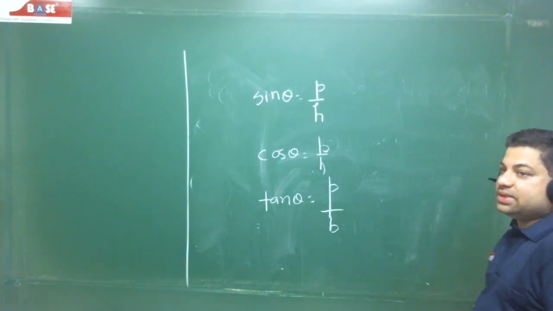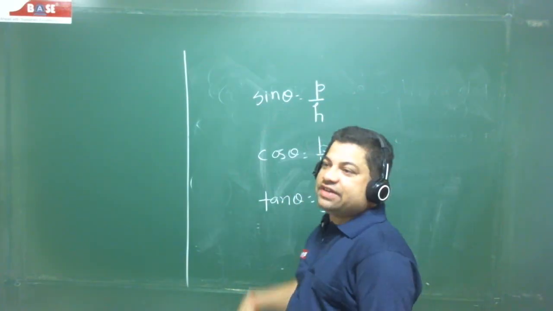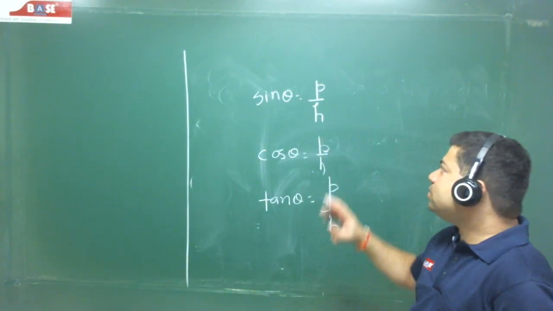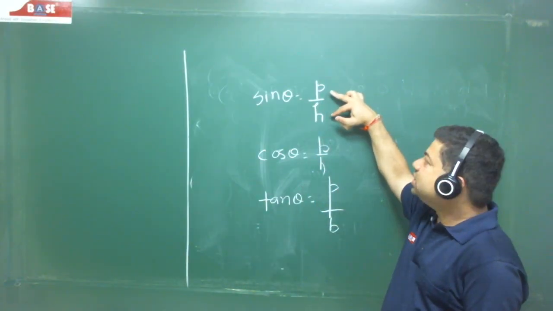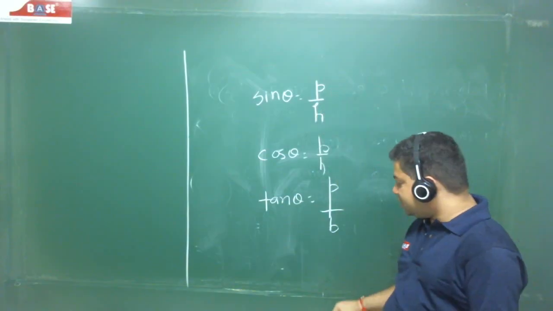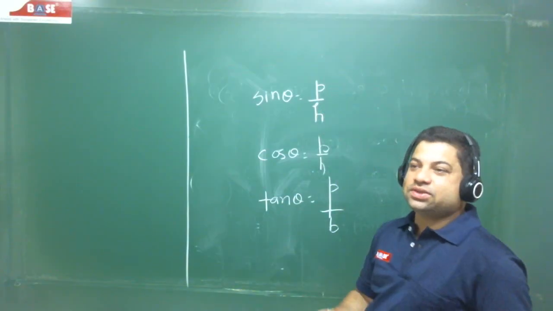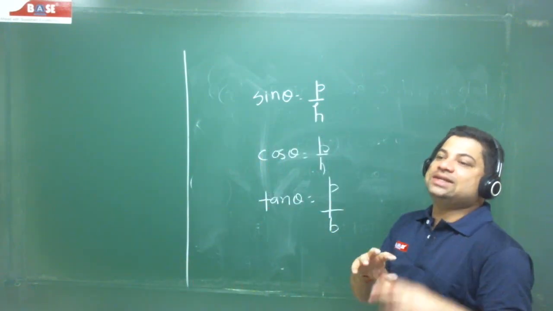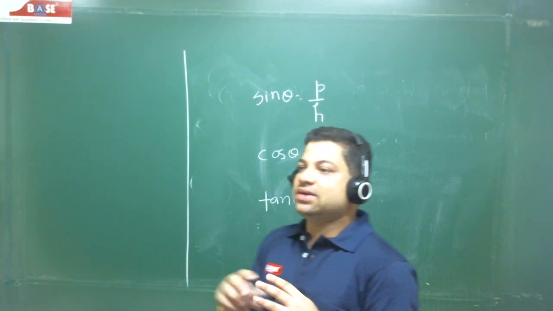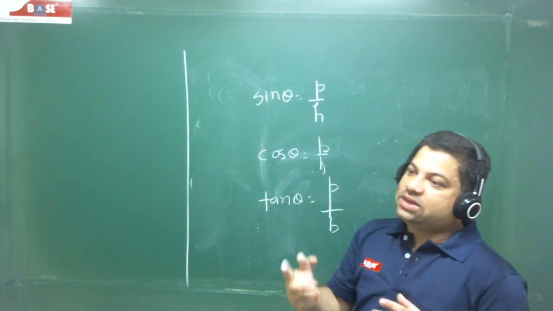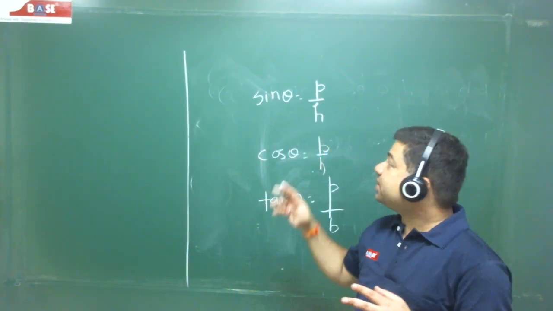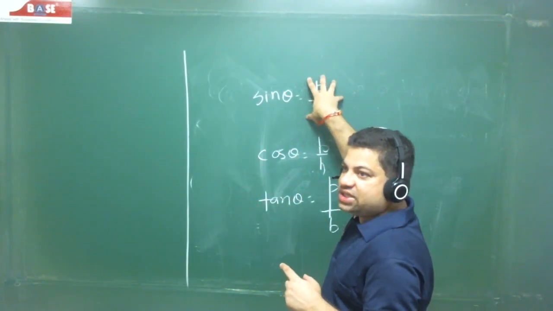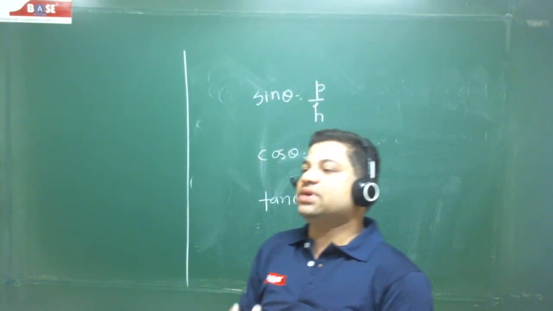Now see, can you tell me theta can be any value, right? Fine. Now if theta is any value, can we claim one thing? If we observe this one, sin theta is equal to P by H. Now, which will be always greater in all circumstances? Can we claim H will be always greater, right? Fine. So P will be always smaller. So can we claim this ratio is less than 1, right?